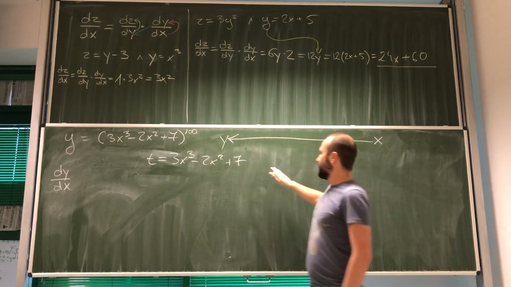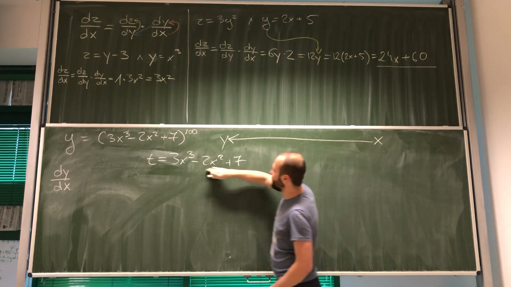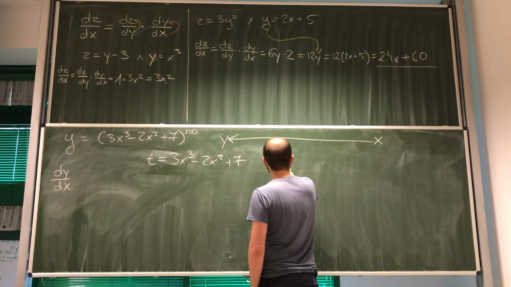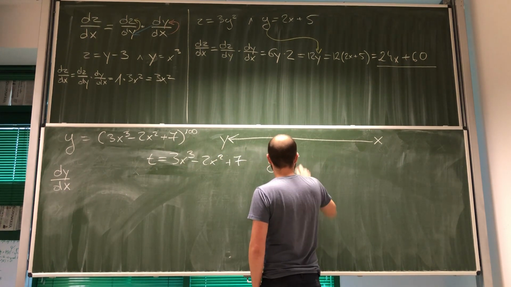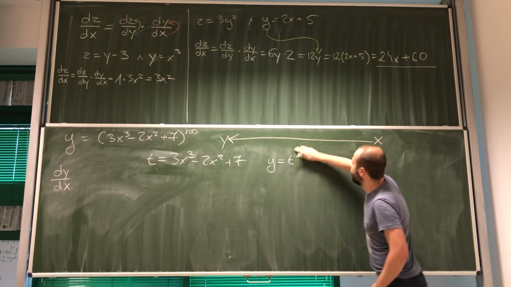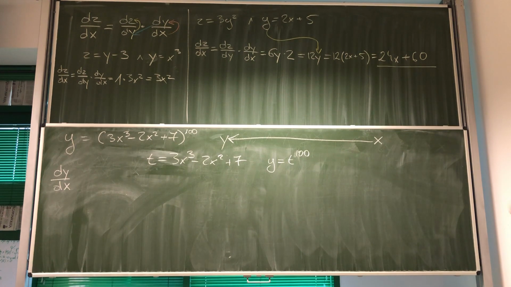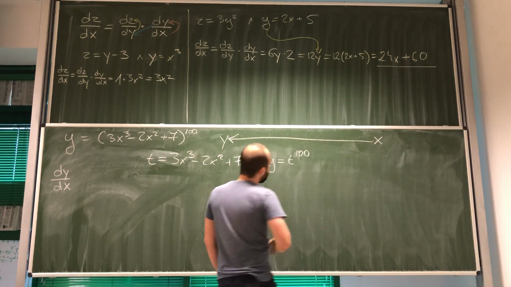Now, look, if I now substitute t for this expression, I'm getting a fairly simple function, y equals t to the power of 100. Look, even though the power is bigger, differentiating this poses no problem. Okay, but what have we done over here?